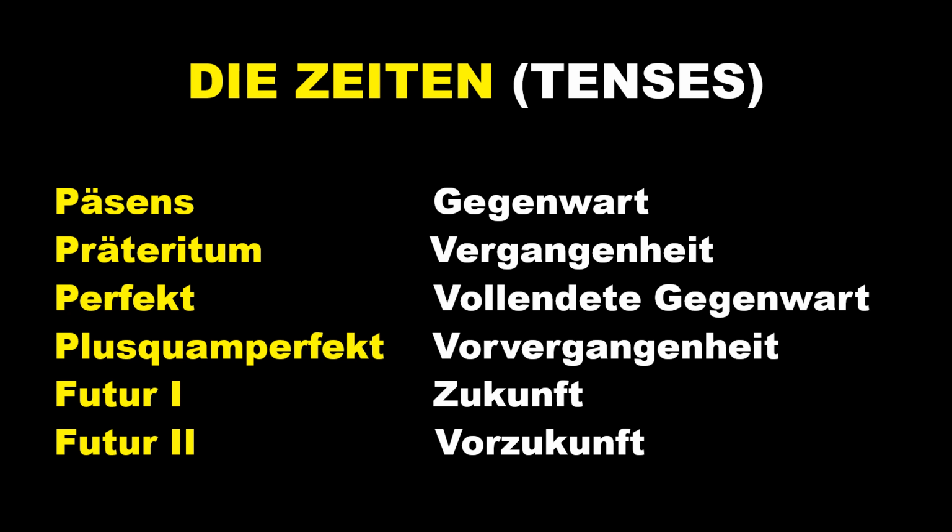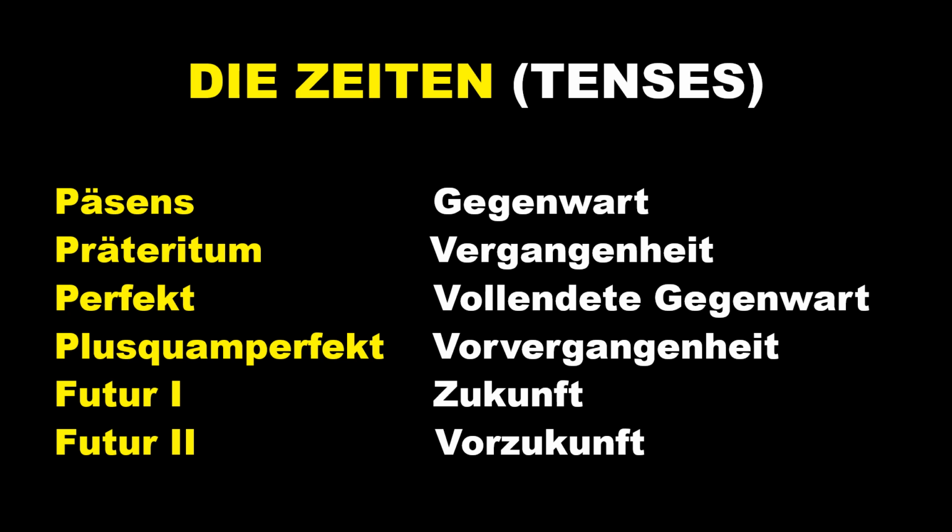Next comes Plusquamperfekt, that is past perfect, which in German is Vorvergangenheit. Präteritum, we said Vergangenheit, which has already happened. And now before past, what we call past perfect, in German is Vorvergangenheit. Next comes Futur eins, that is Zukunft, future tense, simple future in English sometimes. Then comes Futur zwei, that is Vorzukunft.